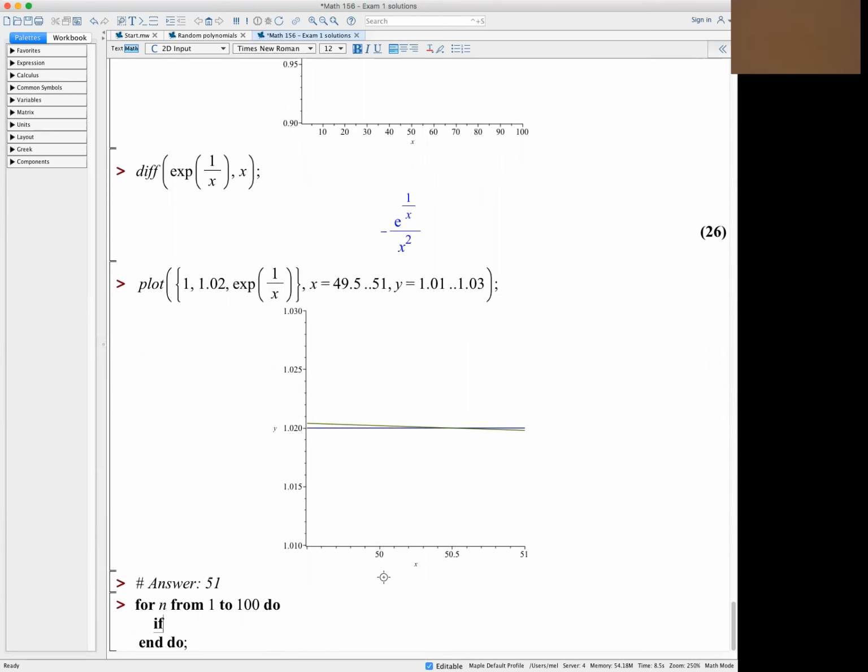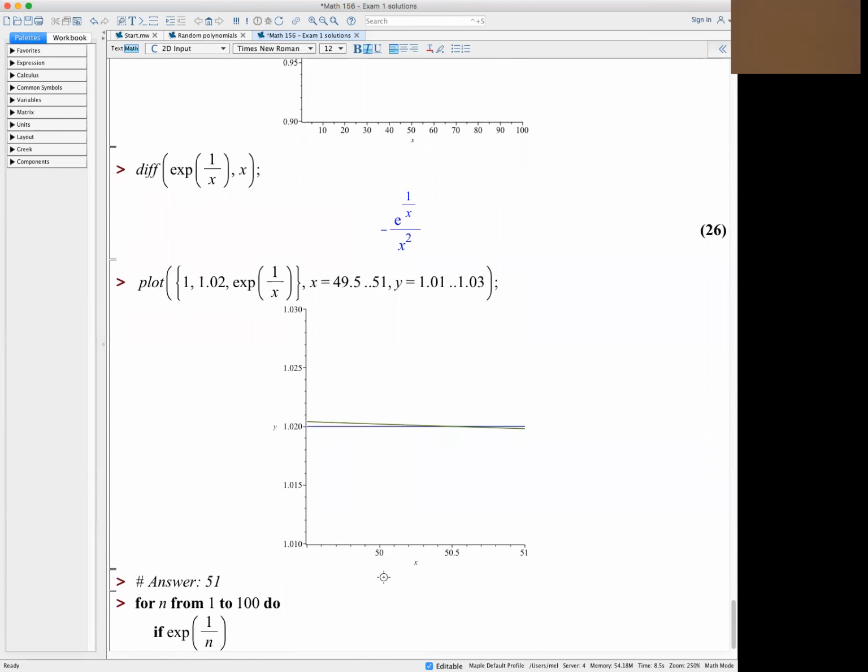If exp of 1 over n is less than 1.02, then print out the n.